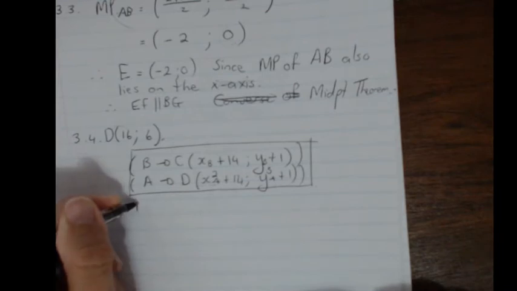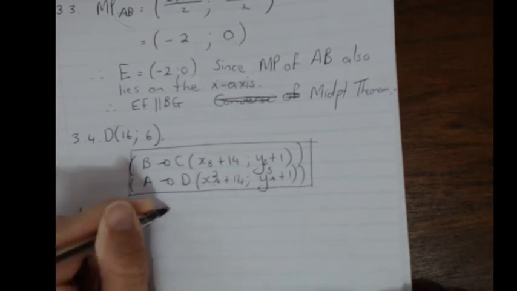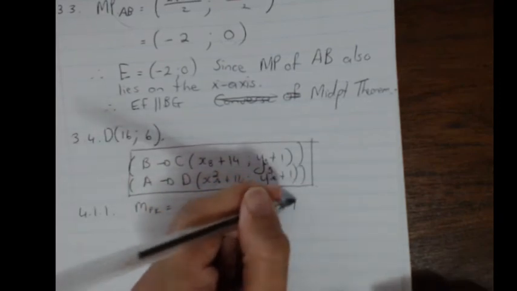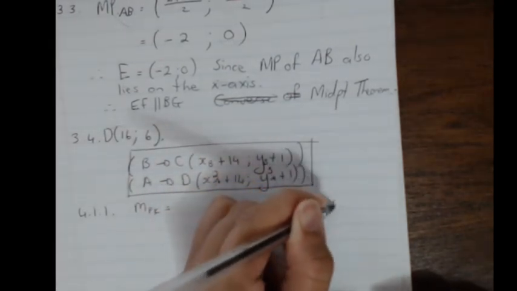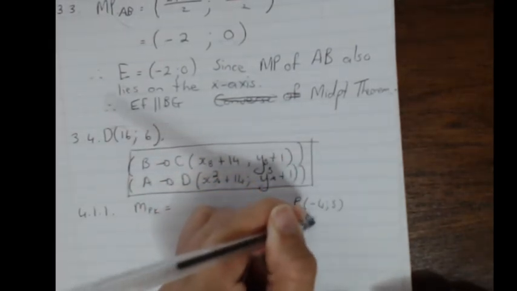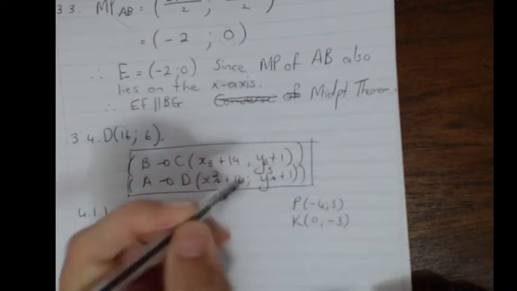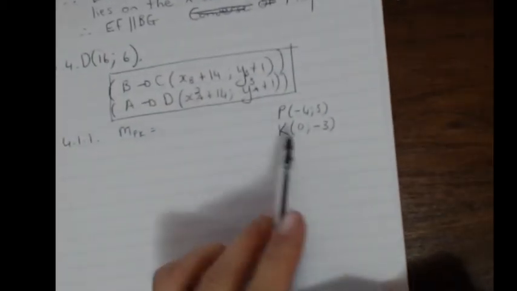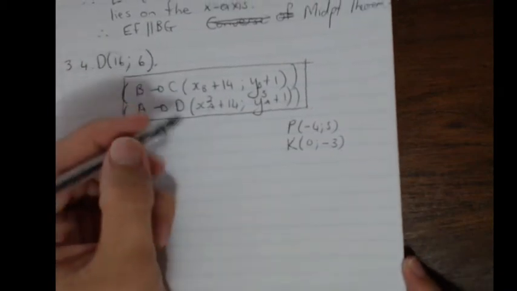So the gradient of PK, I'm just going to calculate that first. P is the point (-4, 5), and K is the point (0, -3). These are the coordinates of the endpoints of the diameter. So this is the gradient of the diameter, or the radius, that I'm calculating there.